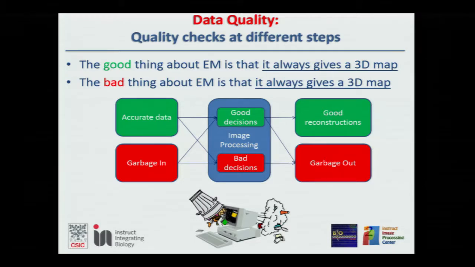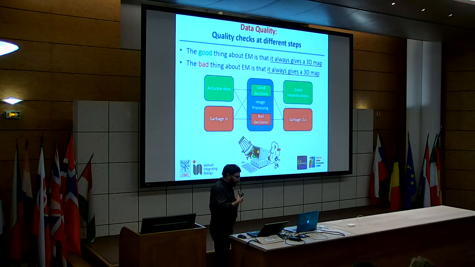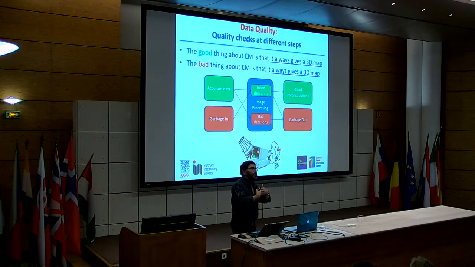Let me go back to quality. The notion of quality, and why in 3D electron microscopy. As in most fields, if you want to have a result, you are going to have that result. The problem is what the quality and the reliability of that result are.